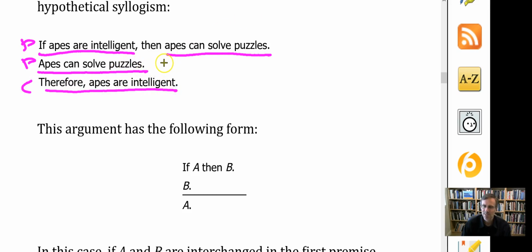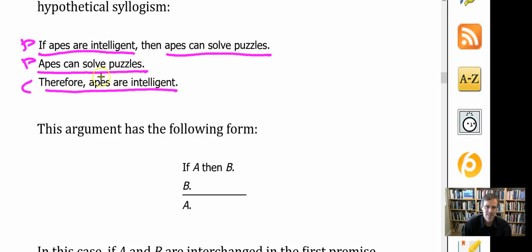Now, what's wrong with this argument? Well, what's wrong with it is a pretty clear formal problem. We have an if-then conditional. Here's my antecedent. Here's my consequent. And if the antecedent is true, the conclusion should follow in a valid deductive argument. But what happens here is actually not that.